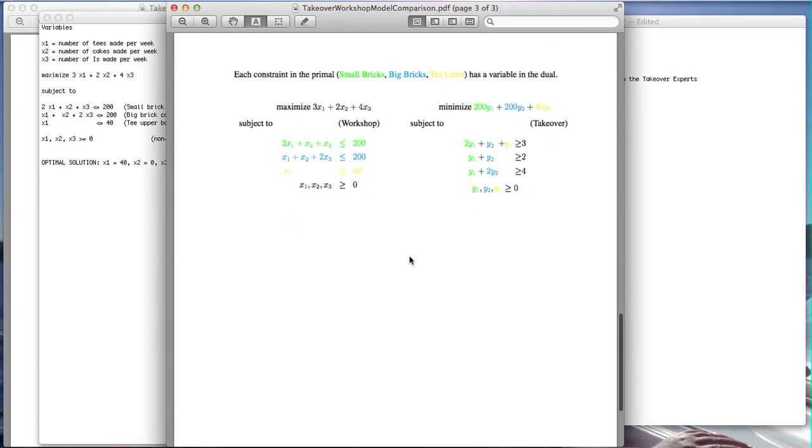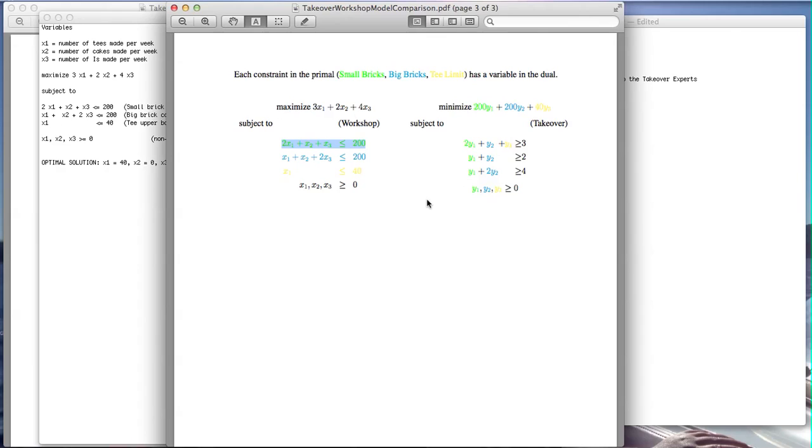Each constraint in the primal problem maps to a variable in the dual problem. As a highlight, we'll focus on the small bricks for now. The small bricks constraint becomes essentially a variable in the dual problem. And the leading coefficients of the different variables in the primal problem end up being the coefficients of the column associated with the dual variable for this primal constraint.